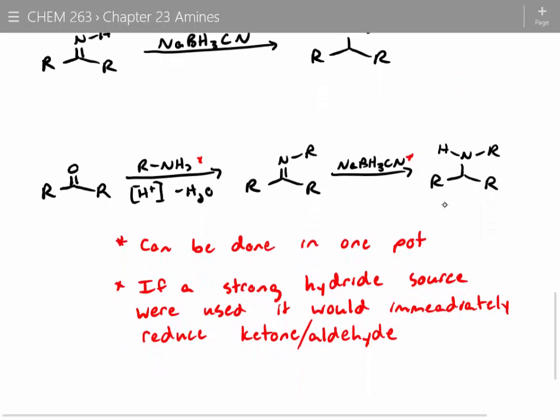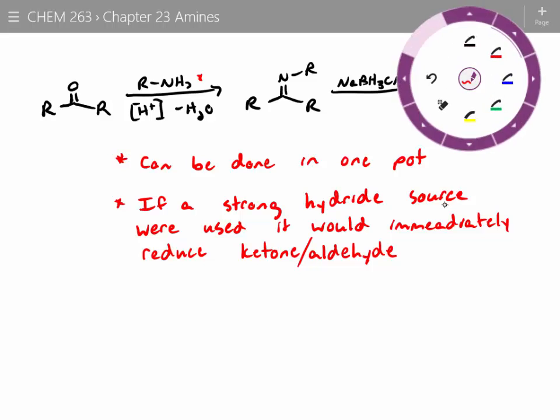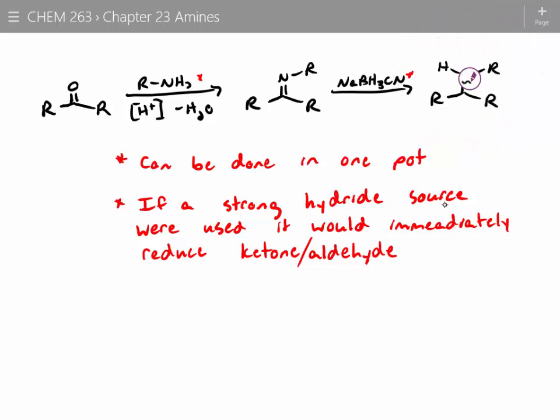So if a strong hydride source were used, it would immediately reduce your ketone or aldehyde. In this case, sodium cyanoborohydride is the perfect mix. It's that Goldilocks effect. You want something that's just reducing enough to reduce your aminium ion, but not so reducing that you reduce your ketone or aldehyde. All right, so this is reductive amination, but let's make a chart of what's going on here, because this is incredibly versatile and incredibly useful.